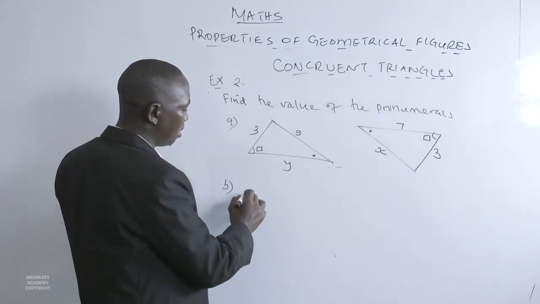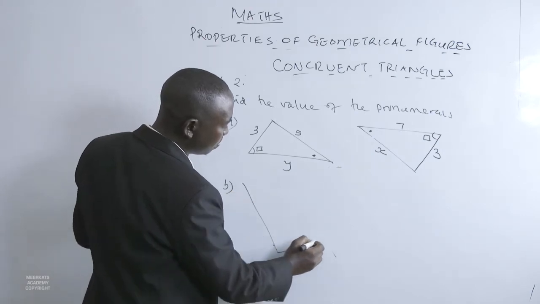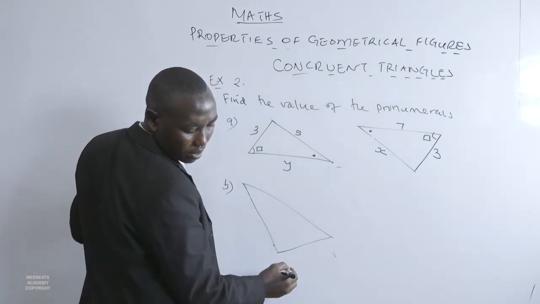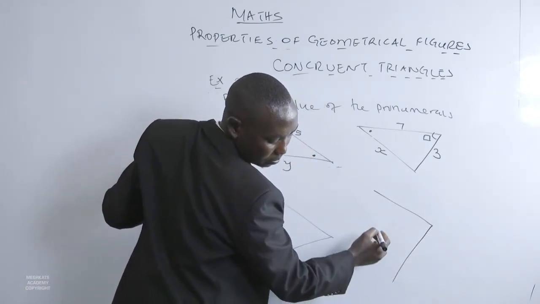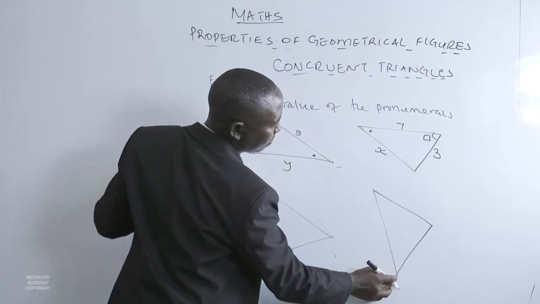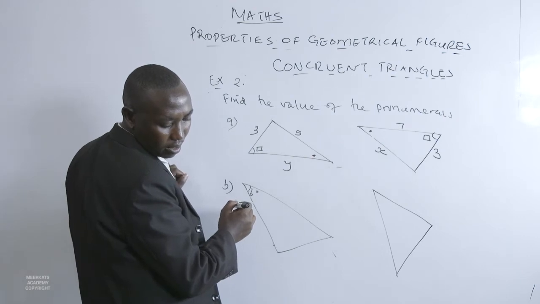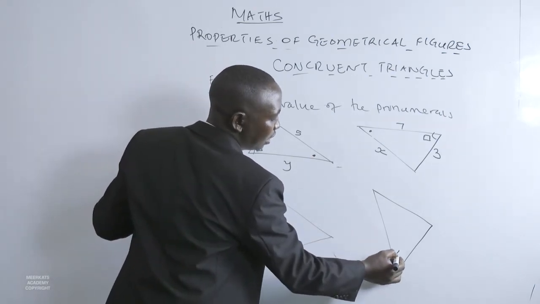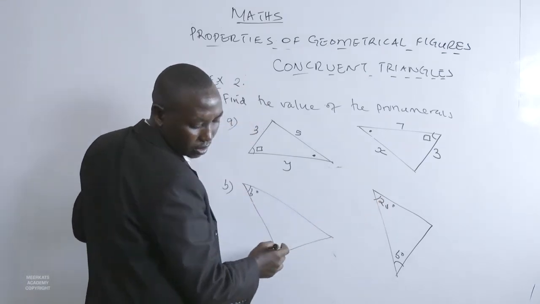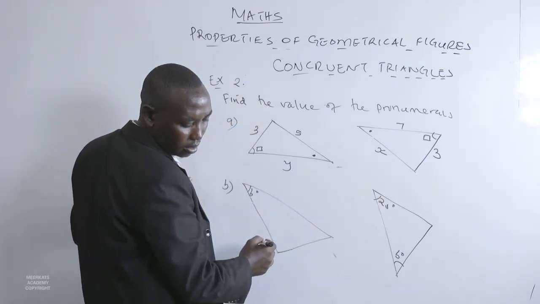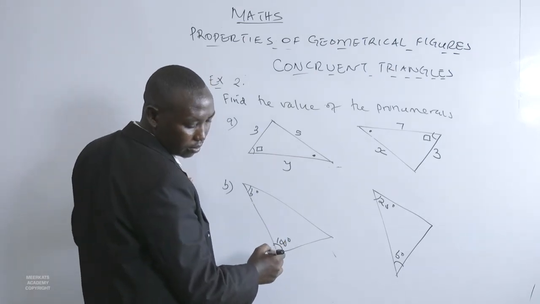Number B, we have a triangle and another. The first one, this is angle B and is equivalent to this angle B. This is 25 degrees. This is 100 degrees.